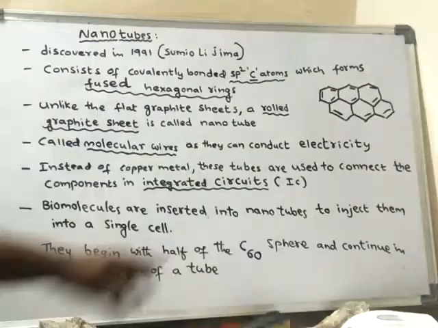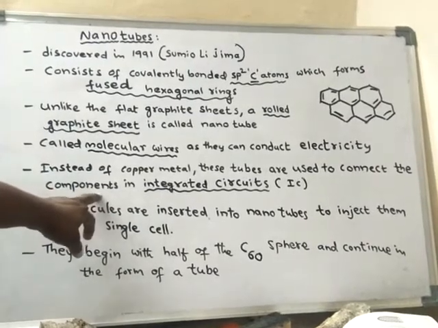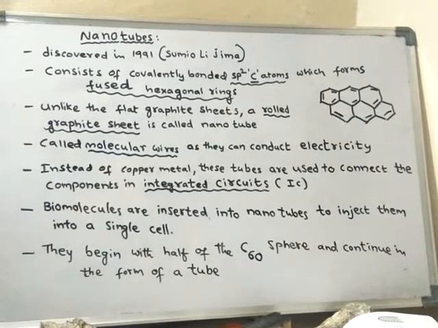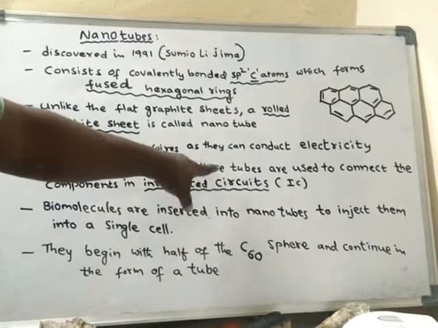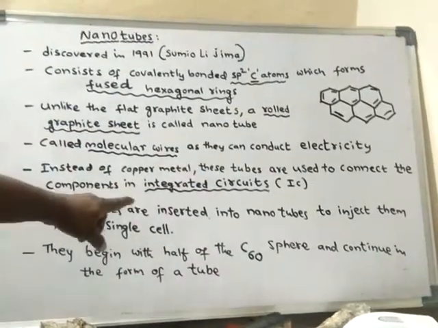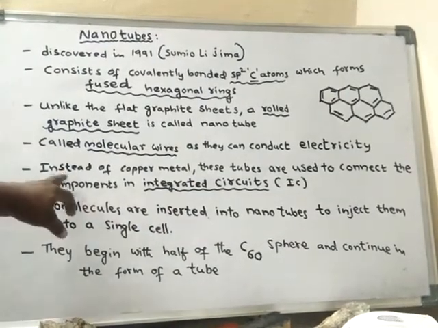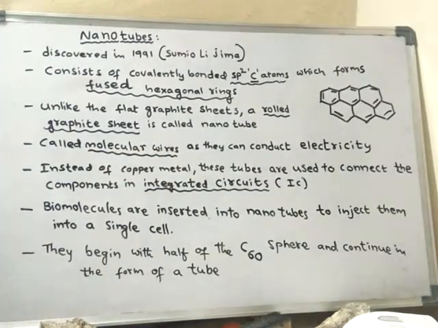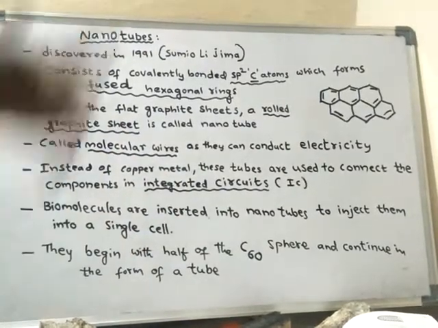In integrated circuits there are many components like diodes, triodes, etc. Generally all the components were connected by copper metal. But nowadays, instead of copper, nanotubes are used to connect the components, because nanotubes are good conductors of electricity. Copper wire is replaced by nanotubes.